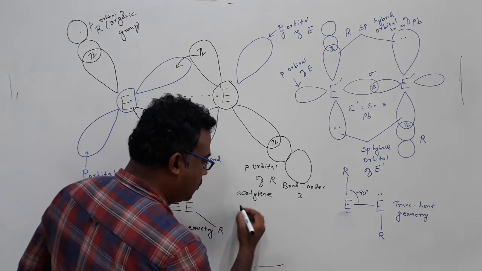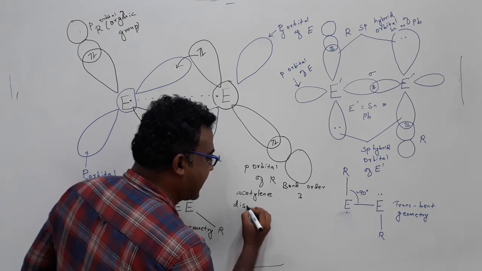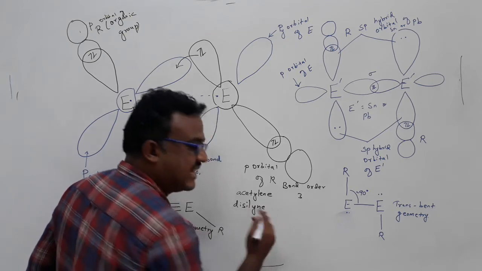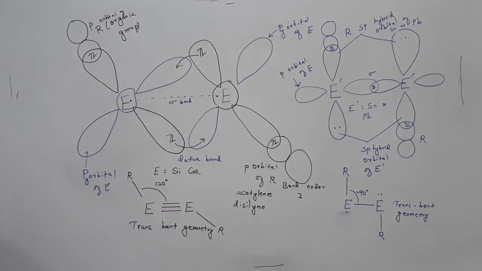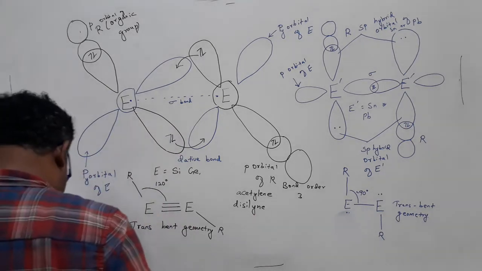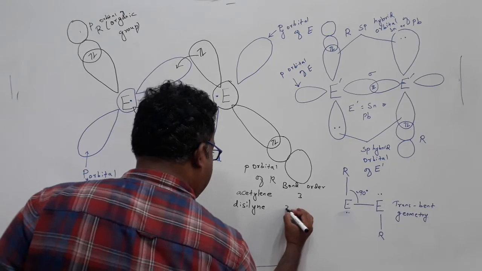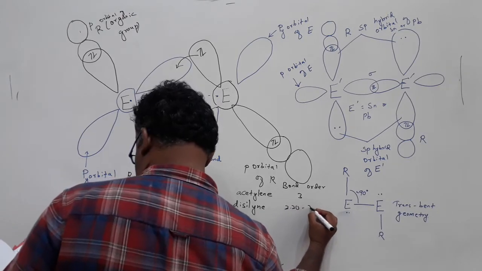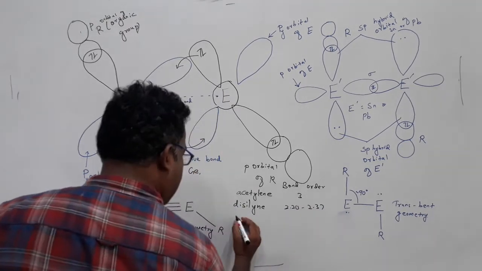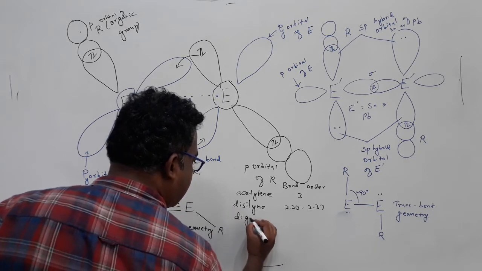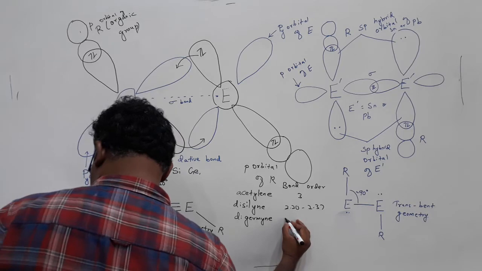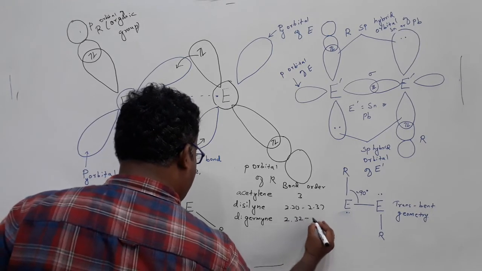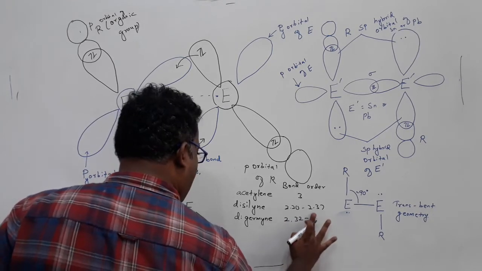But when we come to disilyne, that means silicon having a triple bond, the reported bond order is in the range of 2.20 to 2.37. Digermyne, it has the bond order of 2.32 to 1.74.